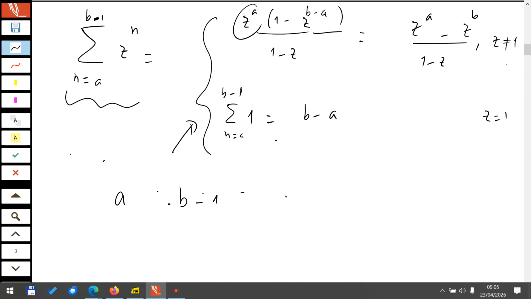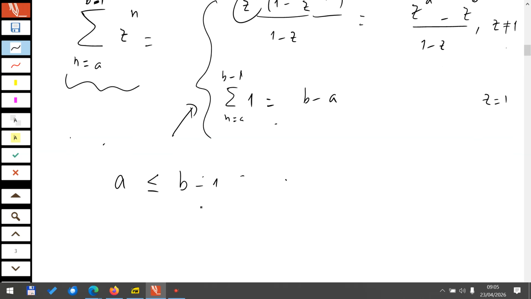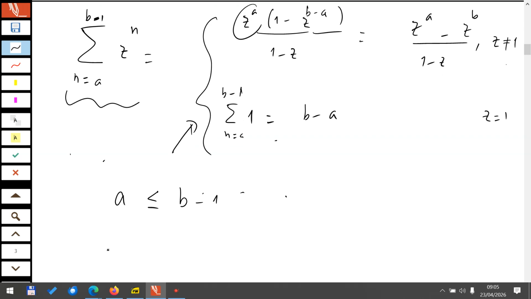What is the relationship between a and b minus 1 for both of these formulas to be valid? A should be smaller than or equal to b minus 1, right? Equal is also fine because you have just one term. In other words, a is smaller than b. So what happens when a is greater than b?